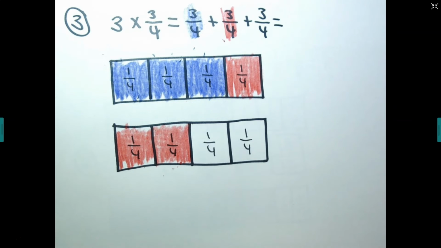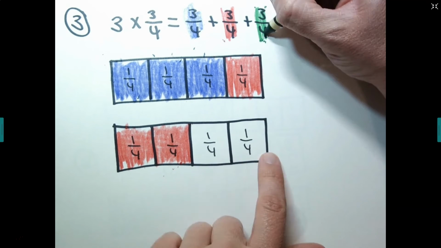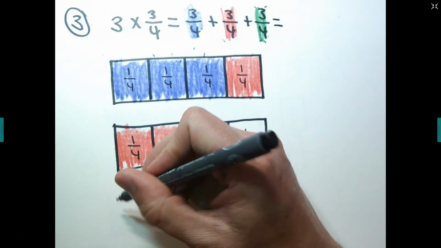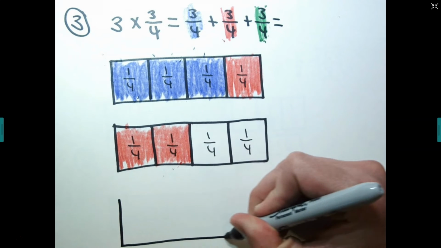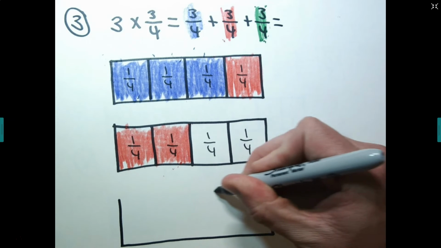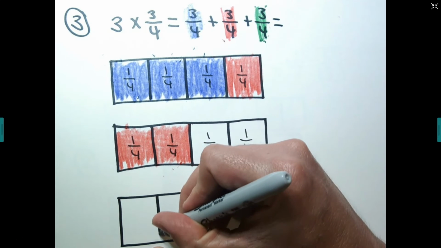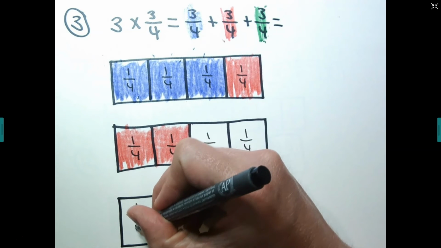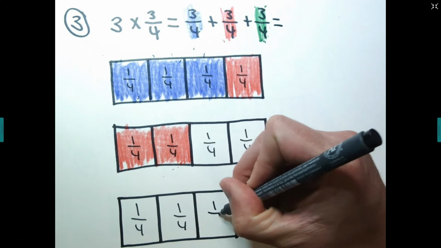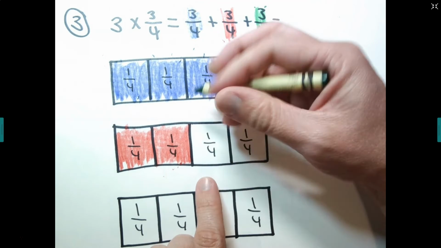One more. I'll use green. Oh, I don't have enough. I need to get another candy bar. I'll put that one right here. Same size as the other ones. In halves, and then in fourths. And that one is going to be the green one.